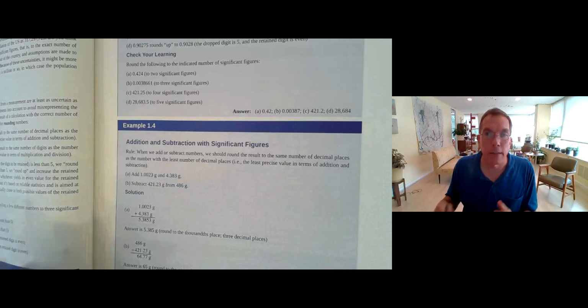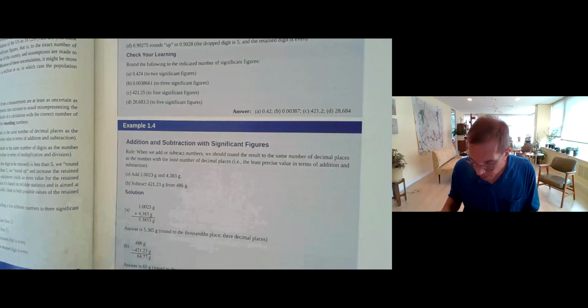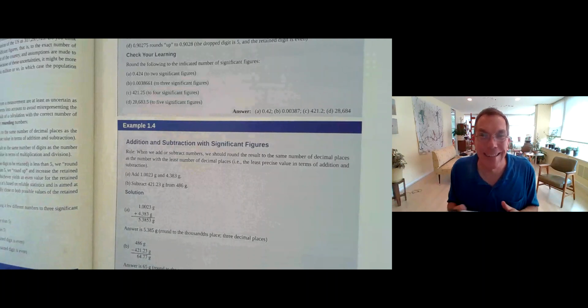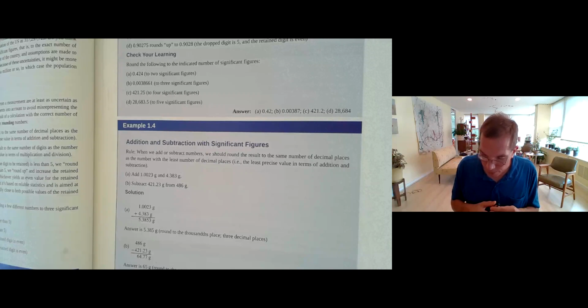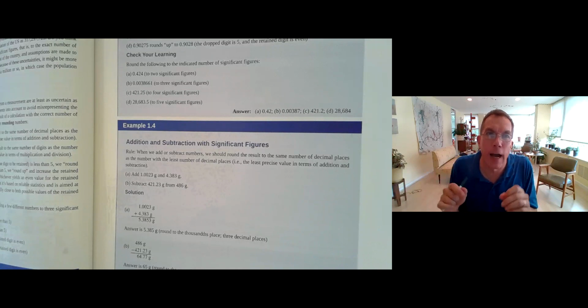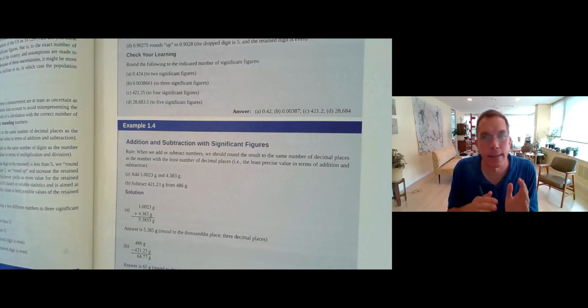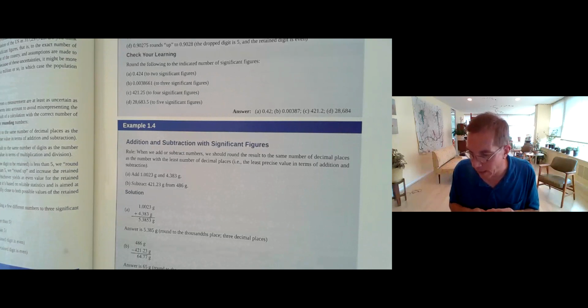I will leave that to you to read, including when to round up or down. We tend not to get too worried about the rules for when it's exactly 5 at the end and you have to look at the digit before it. There's a lot of machinations there.